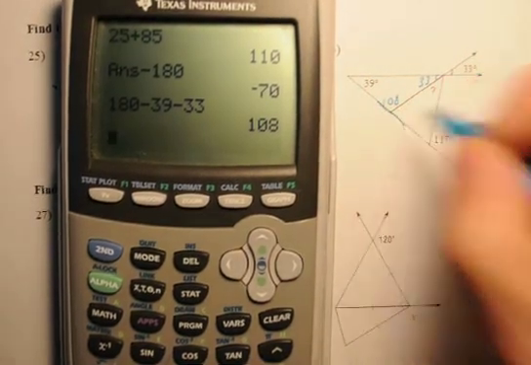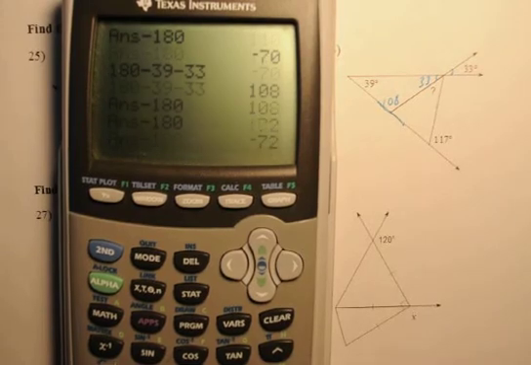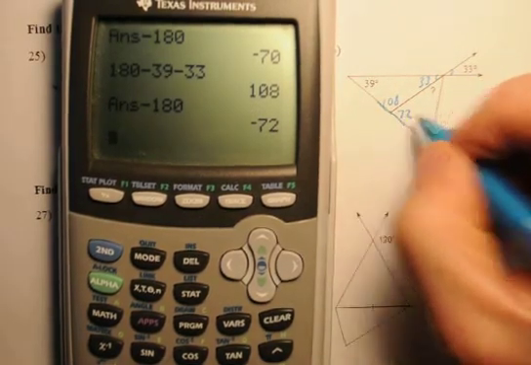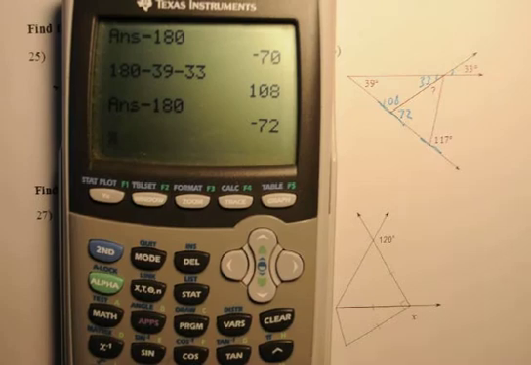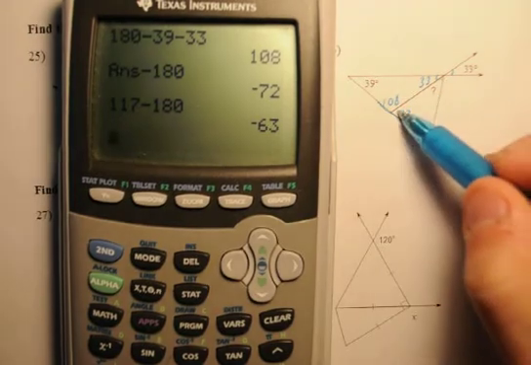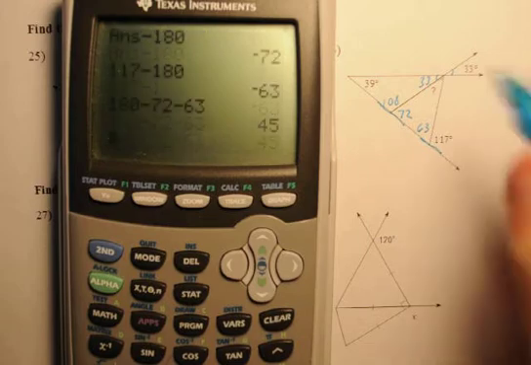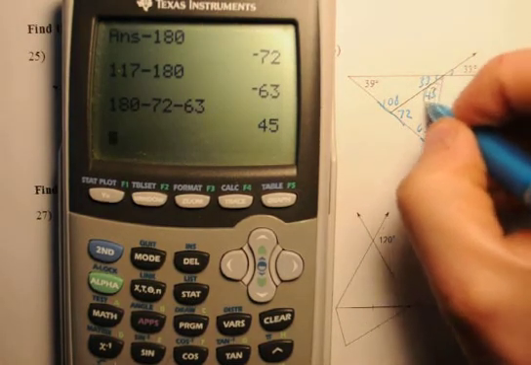We have a linear pair here. So take 108 and subtract it from 180, you get 72 here. We have a linear pair here to get 63. And now we can use 180 degrees here to figure out that this has to be a 45-degree angle.